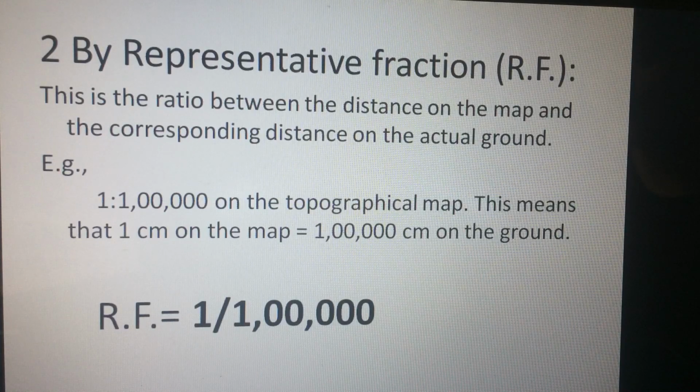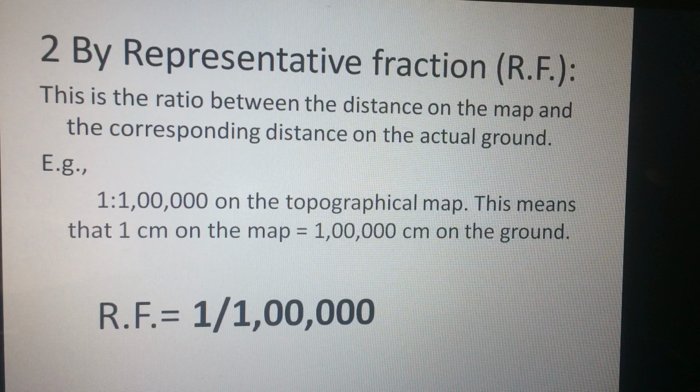This means that 1 centimeter on the map, which is the numerator, is equal to 1 lakh centimeters on the ground, which is the denominator. No particular unit of measurement is used with RF, but the units of measurement of distances are required to be the same.